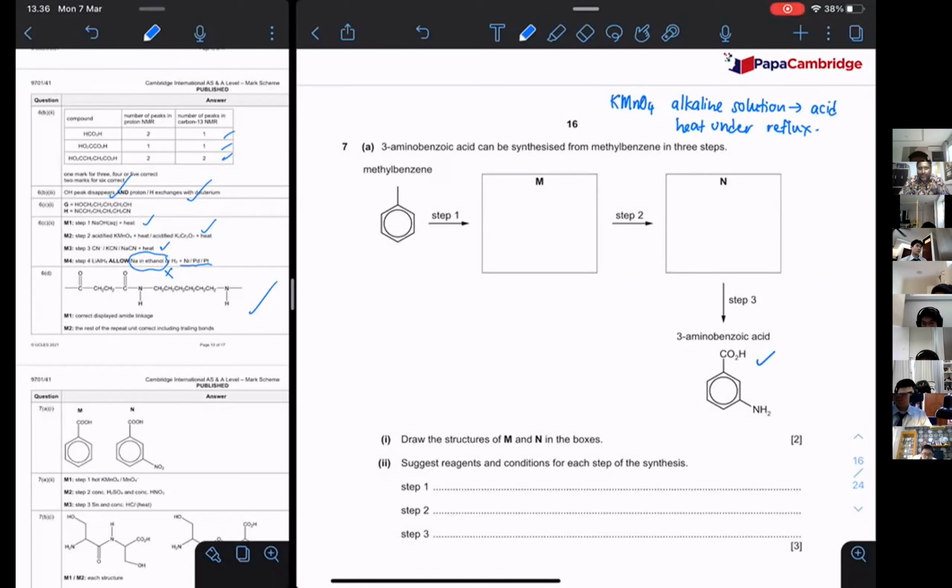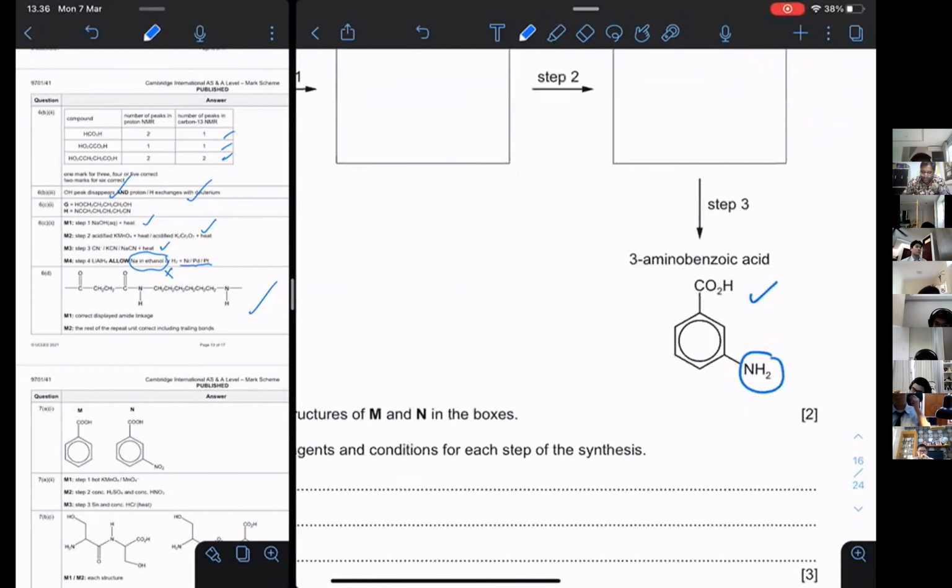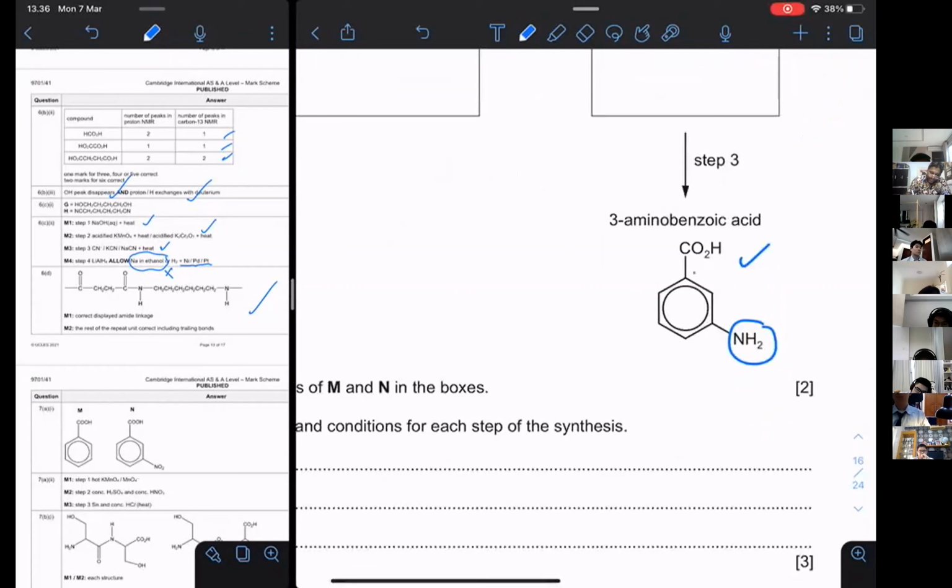I do notice that I have this NH2. But you need to be very careful, because the position that NH2 is coming in is at position number 1, number 2, number 3. So it must be a group that is position 3 directing.